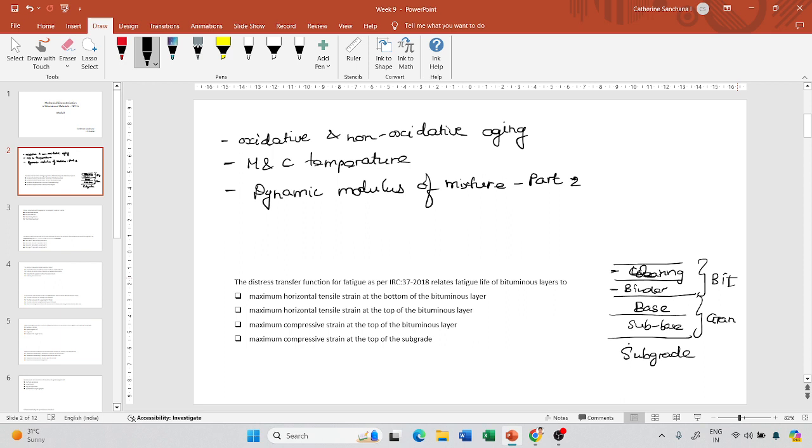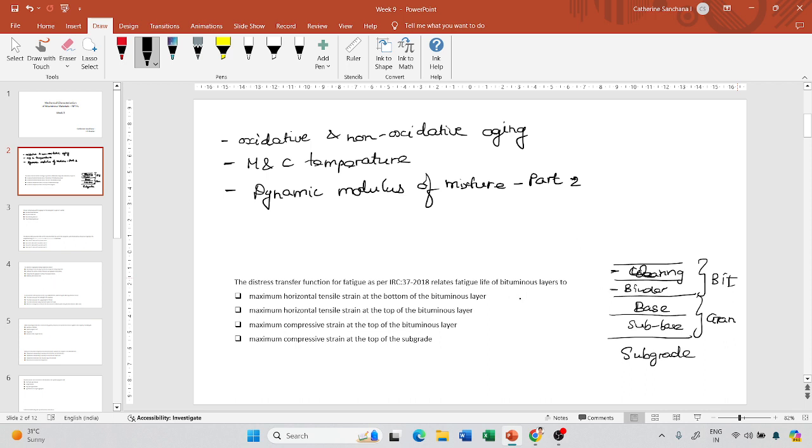And one such material property is dynamic modulus, because it takes into consideration the parameters which influence the properties of the bituminous mixtures, which will be temperature, frequency, and so on, right? So this is just a basic overview of the pavement layers and the material properties required for each layer.